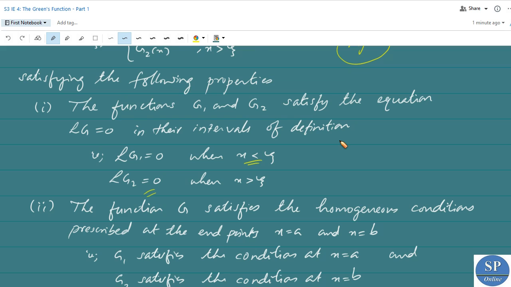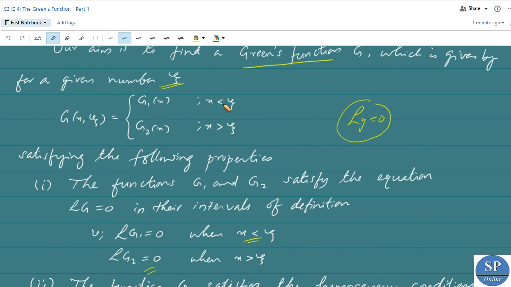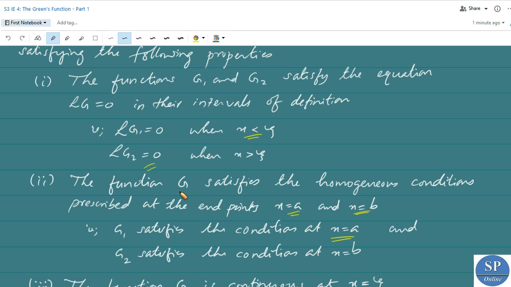The second property is that the function g satisfies the homogeneous boundary conditions prescribed at the endpoints x = a and x = b.